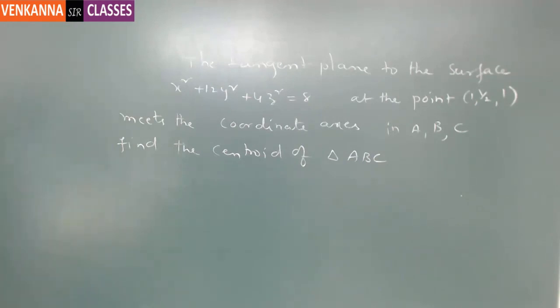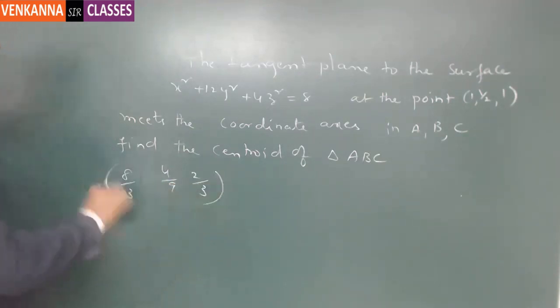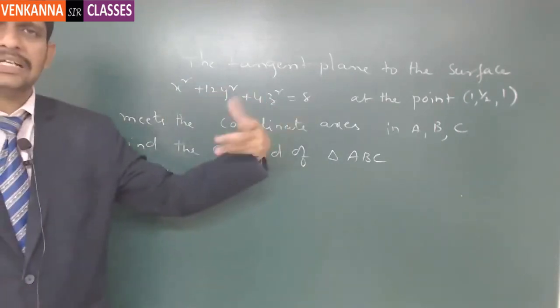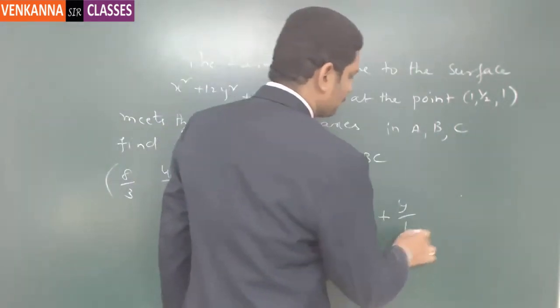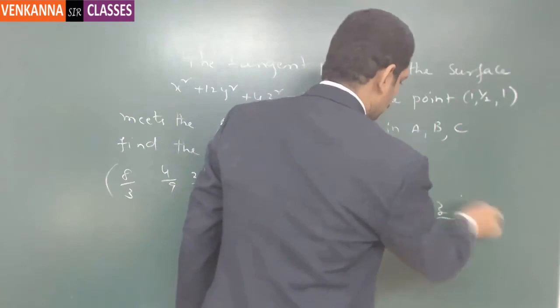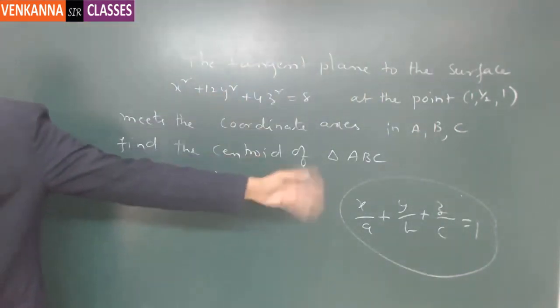I will say you are going to get the value maybe 8 by 3, 4 by 9, 2 by 3. So you just calculate the tangent plane equation at the point 1, 1 by 2, 1. Convert that tangent plane into intercept form. As and when you get the tangent plane equation, you convert it into the intercept form.